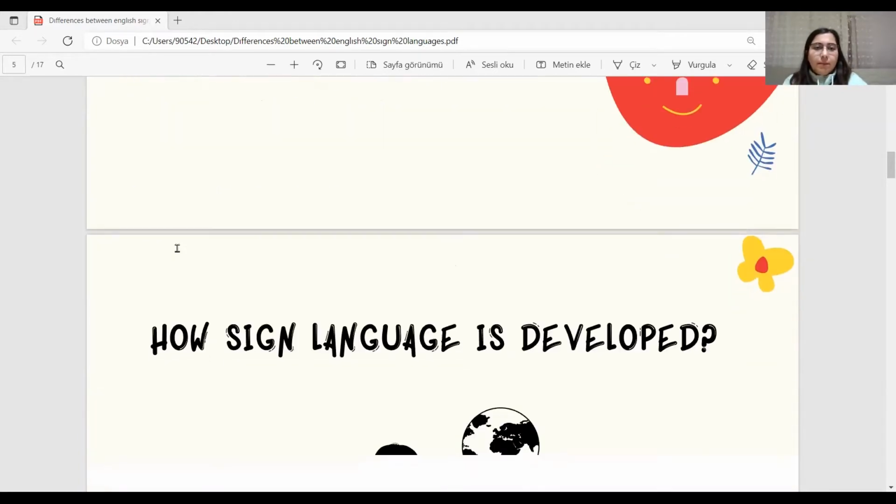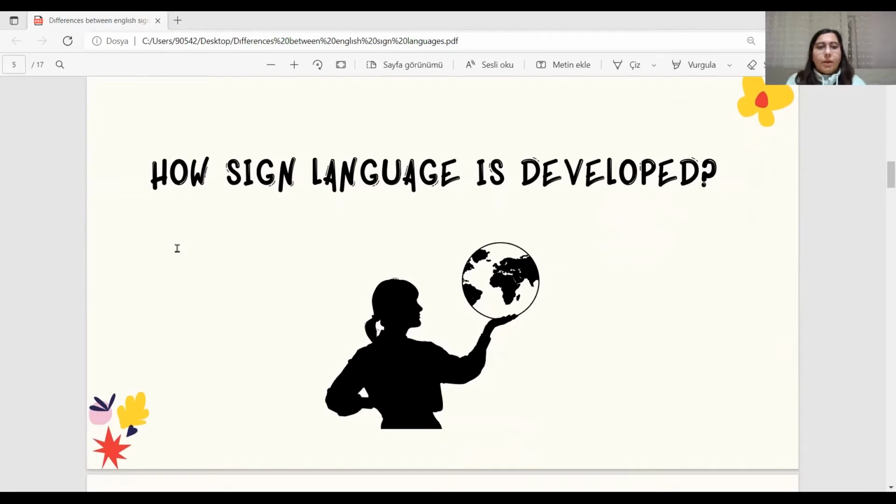When we look at how sign language is developed, it's not unusual for a sign language to advance from a parent sign language. An example that highlights this can be found in the similarities between ASL and French Sign Language.